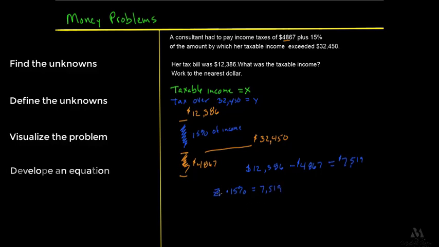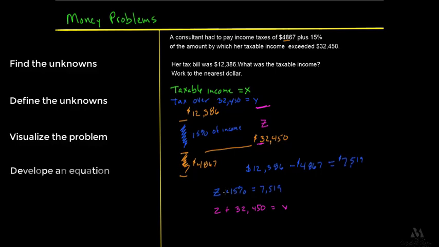And it's going to be that number plus 32,450, so Z plus 32,450 is going to be our taxable income X. So there's some amount of money between these two lines, and we're calling that Z. And that plus the base amount is going to give us the total income.